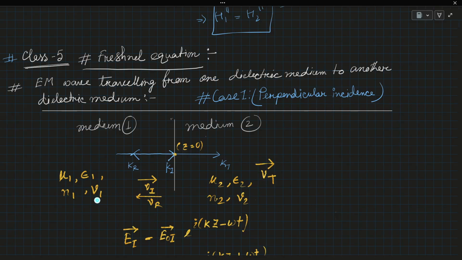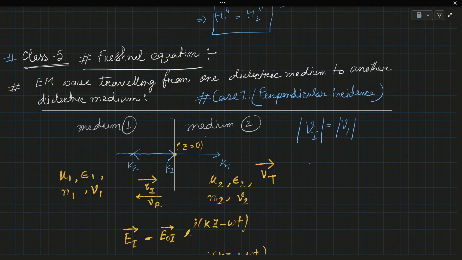As you can see, the velocity of the wave in medium 1 is v1, and I have written here the velocity of the incident wave is vi and the reflected wave is vr. Both these waves are in medium 1, so vi is equal to v1, in terms of magnitude only.